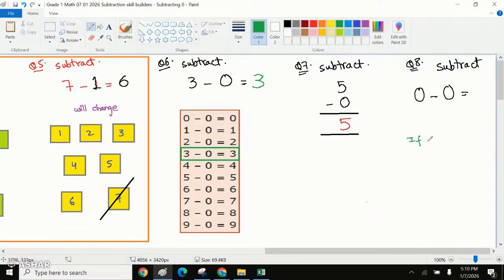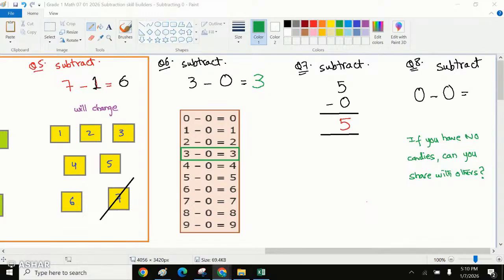If you have no candies, okay, can you share with others? So the question says, I am 0 minus 0.